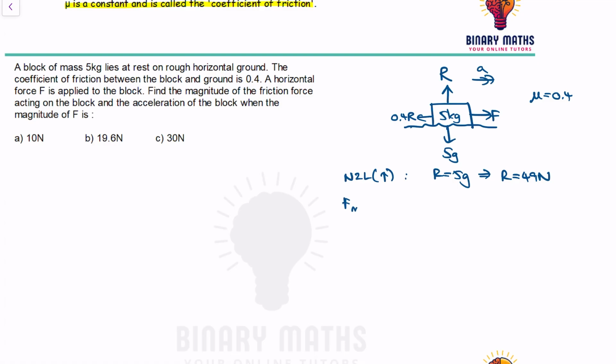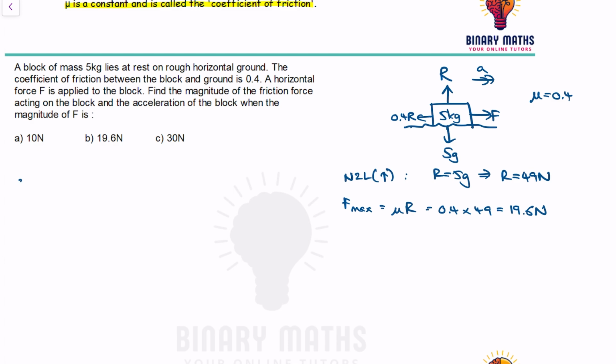Then F max, so the maximum value the friction can take, is mu times R, which is equal to 0.4 times 49, which is equal to 19.6 newtons.